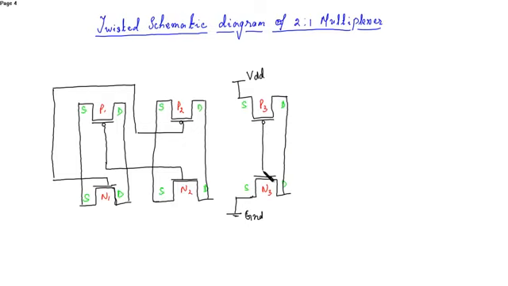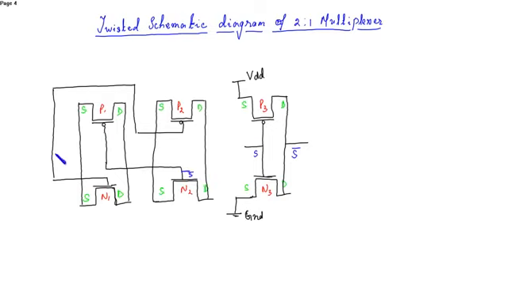Similarly with the gate, the input is S, that is the select line. This is S bar. As we know, in the first transmission gate, at the gate terminal, S bar is connected, that is over here.